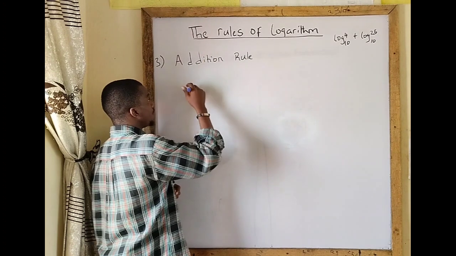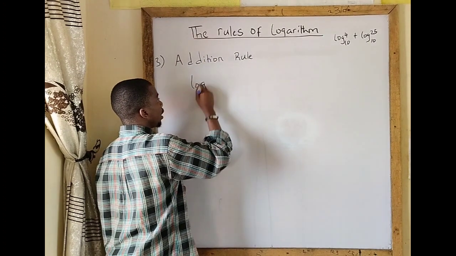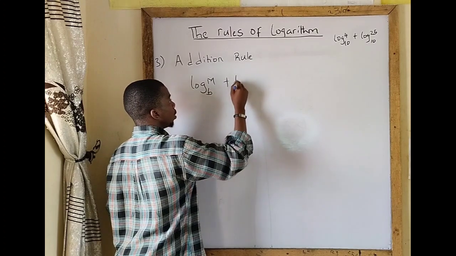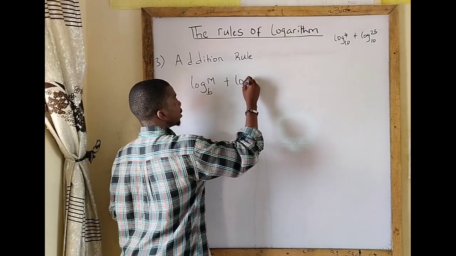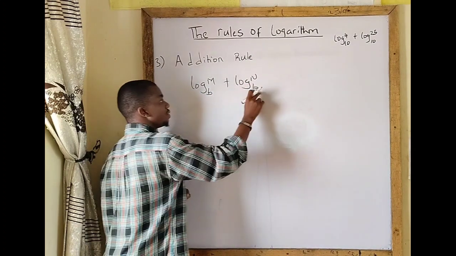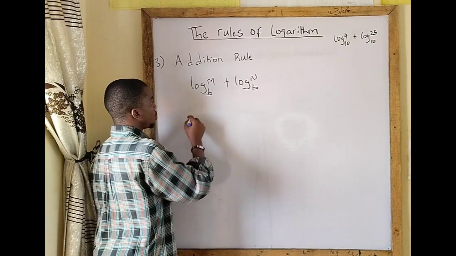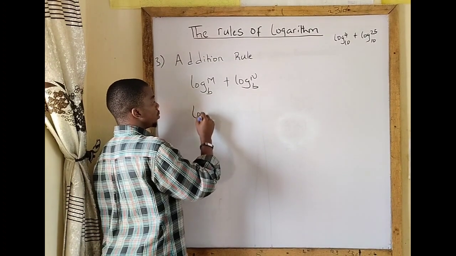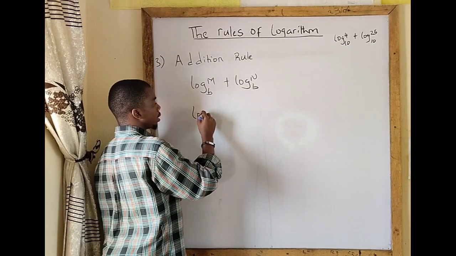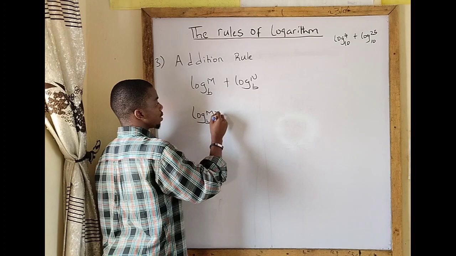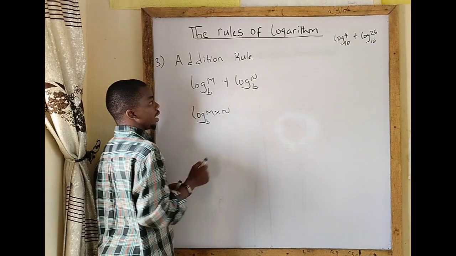If we have log m base b plus log n base b, provided they have the same base, what you do is take this to a common log b and multiply m times n.